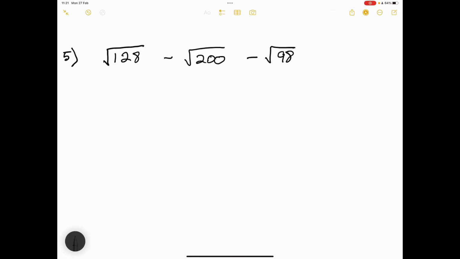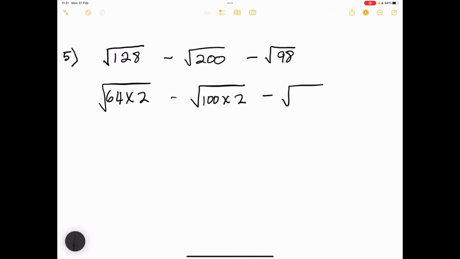So root of 128, okay? If we think about it, that would be 64 times 2, okay? Minus, in this case, I've got 100 multiplied by 2, okay? That's the experience in me talking, because I know 100 is a perfect square. And 98 again, I've got 49 times 2.